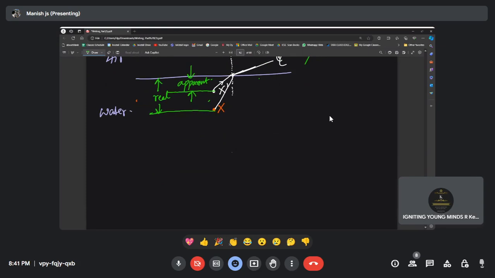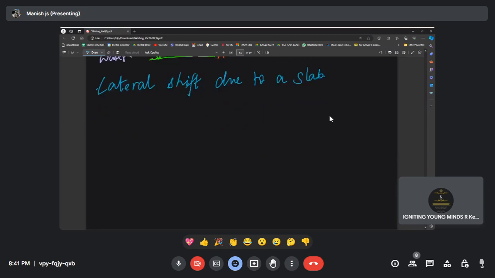Next, we have something called lateral shift. Okay. So let's look at that. So we have lateral shift due to a slab. So what is the lateral shift due to a glass slab? So you have a glass slab.